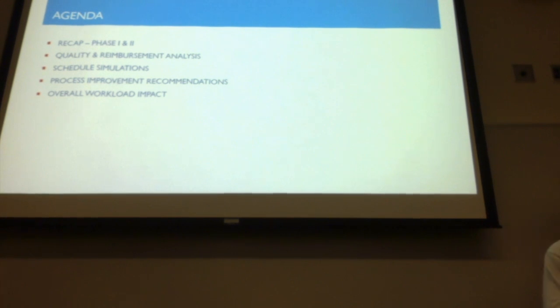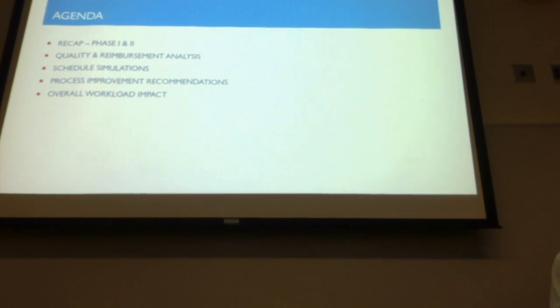We outlined a lot of different observations during the last presentation, and what we've done is narrow it down to fewer recommendations. If you remember, I think we had 19 observations, and we had 13 process recommendations that we came up with.